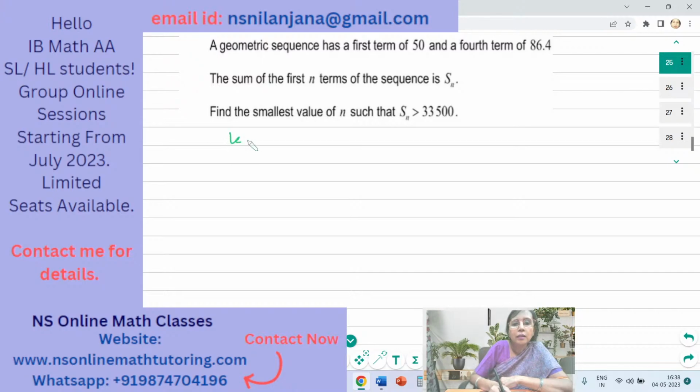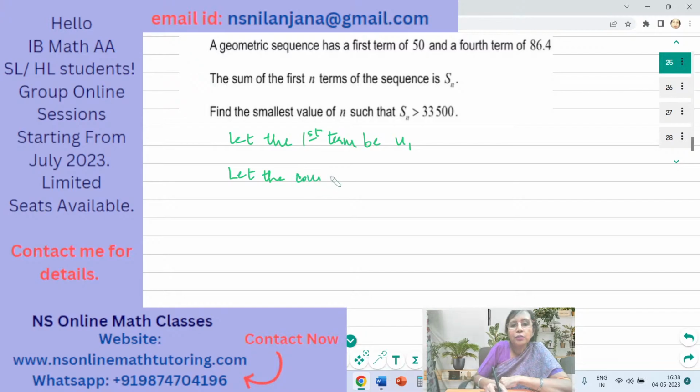Fine. So let the first term be u1. It is a geometric sequence, so there should be a common ratio.